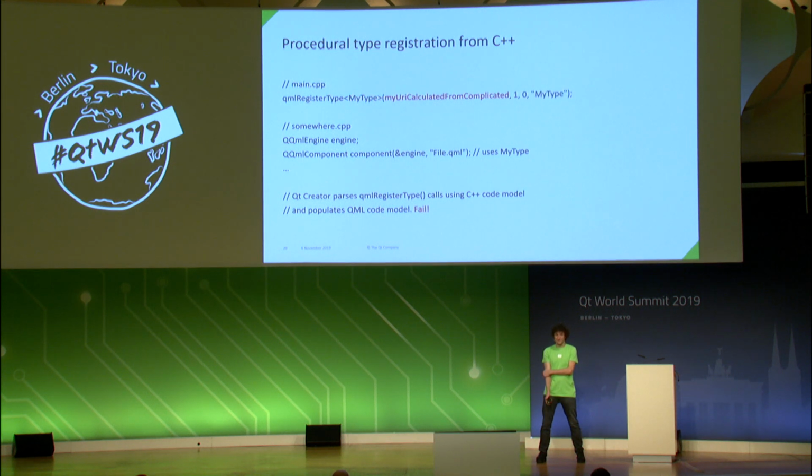And also, you have some hierarchy of URIs, and you calculate them, and you have some nice code that tells you which URI to use for which type. And so your qmlRegisterType call looks like that. And Qt Creator will see, oh yeah, it's cool, but the URI is not so great.